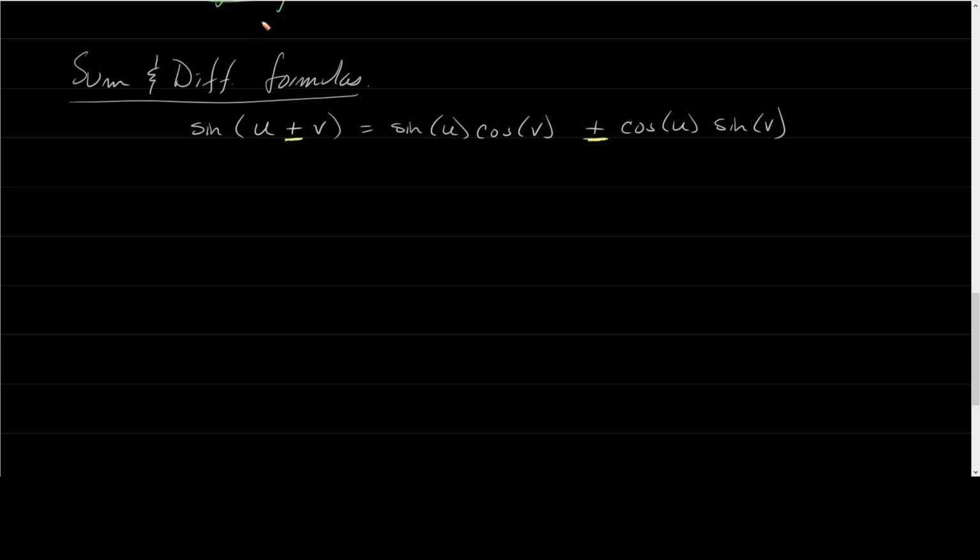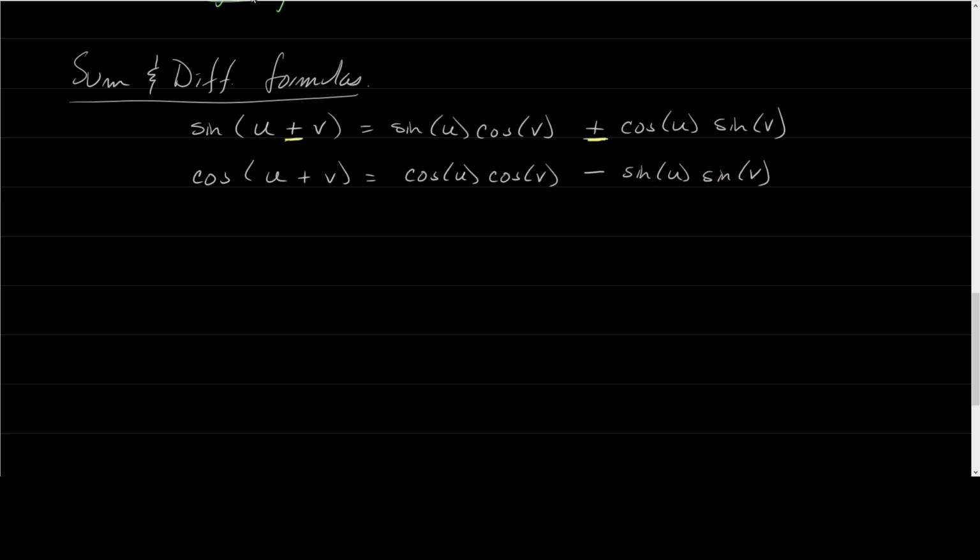Now let's look at cosine. If I have cosine of u plus v, that gives me cosine of u times cosine of v minus sine of u times sine of v. So with cosine, it's cosine, cosine, sine, sine. And again, notice that I kept the same order of the u's and v's.